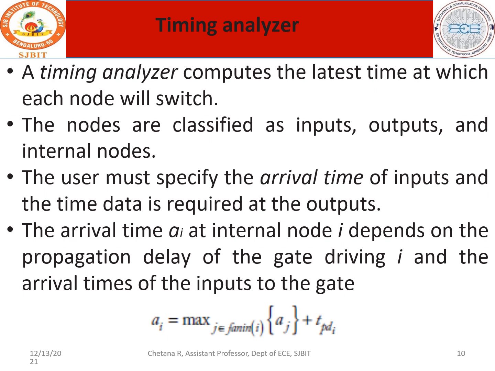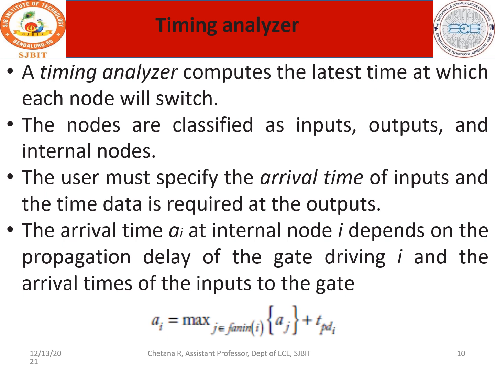The user must specify the arrival time of inputs, that is, how much time is taken by the input to reach the required output. That is defined here as Ai, A suffix i, where i is the internal node, which depends on the propagation delay of the driving gate and the arrival times. So this is the formula to calculate the arrival time.